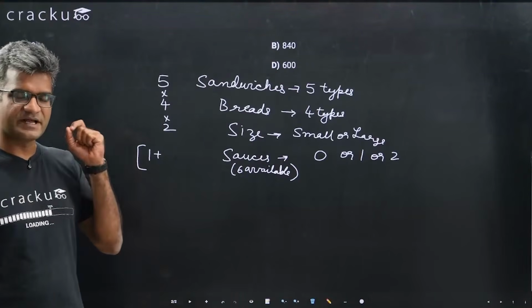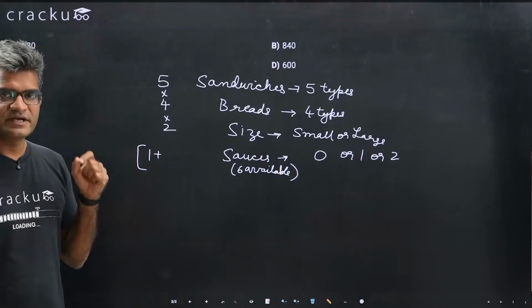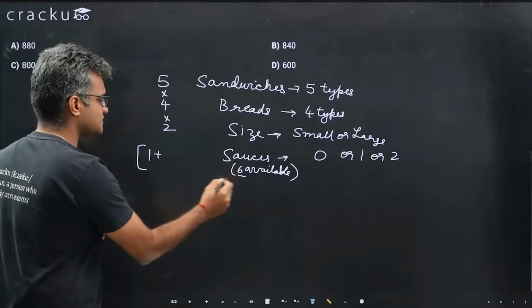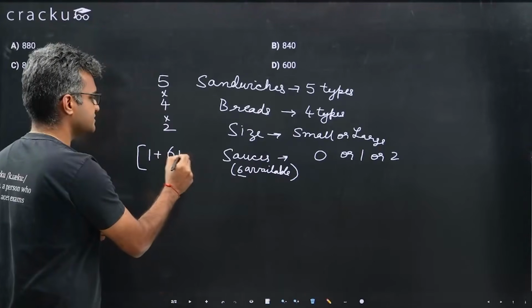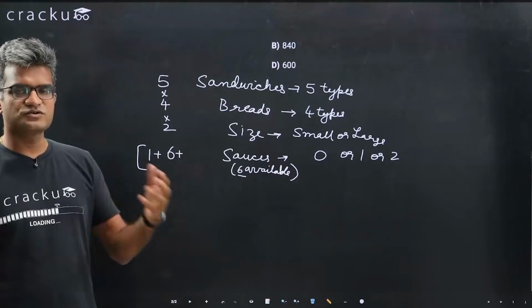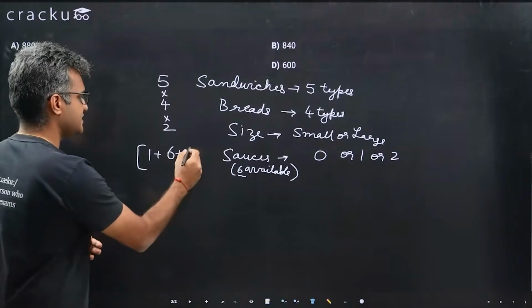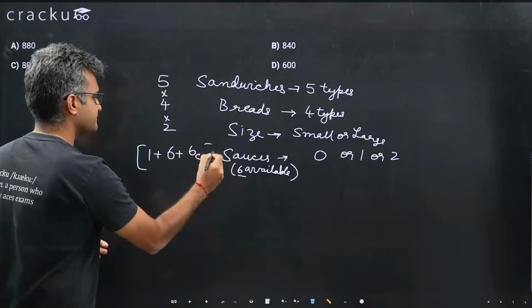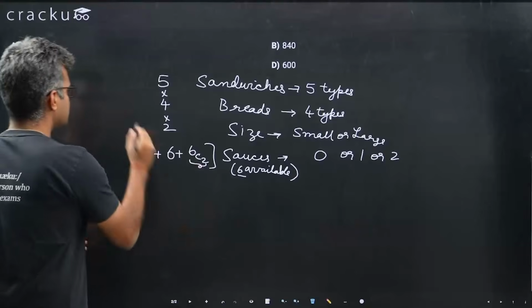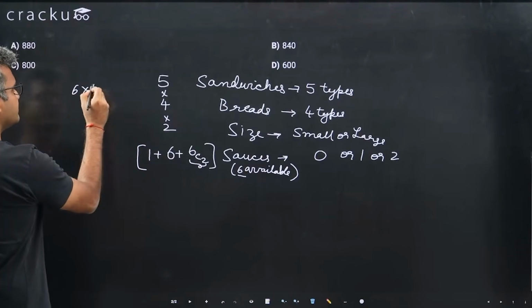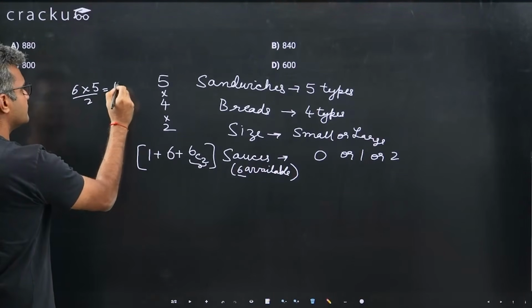But suppose he is selecting exactly one sauce. That exact one sauce out of 6 available sauces can be selected in 6 ways. And suppose he is selecting 2 sauces. From 6 sauces, selecting 2 sauces can be done in 6C2 ways. 6C2 will be 6 into 5 divided by 2, which is equal to 15.